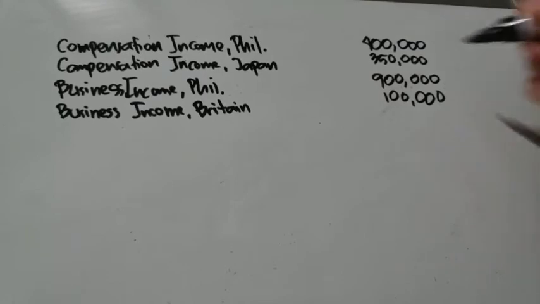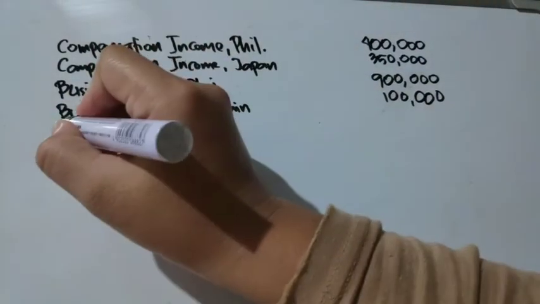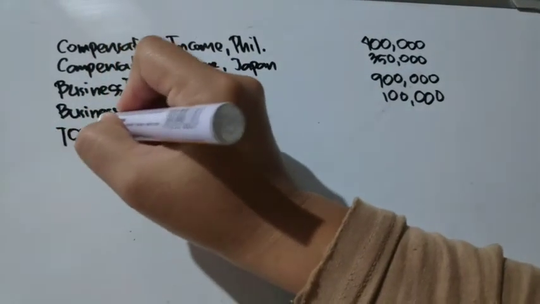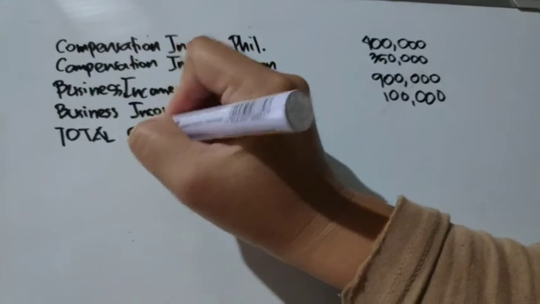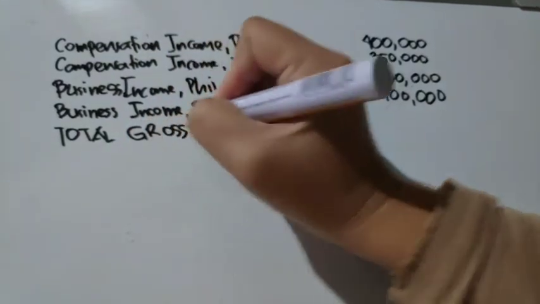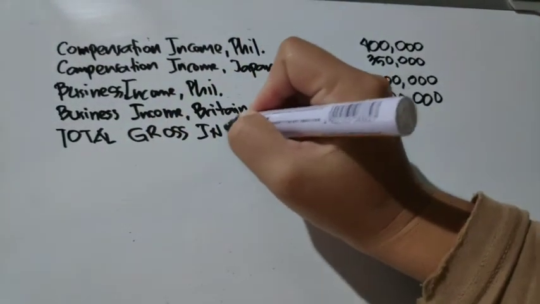So these amounts are all in pesos na, right? So all in pesos, and then you will total it. So you will write for the total is the total gross income.